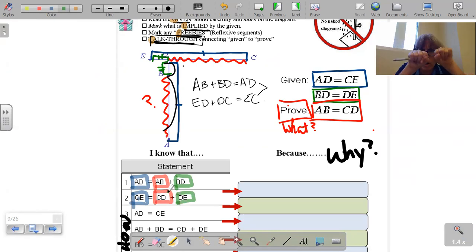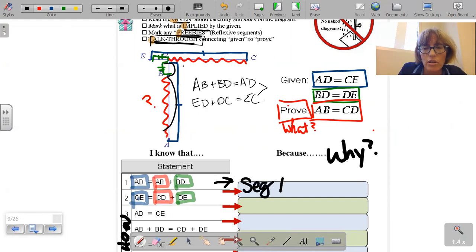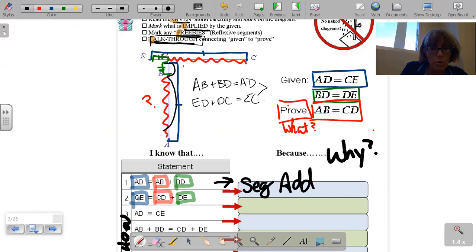So somehow we're trying to connect the two reds. That's where we're going. So we ask ourselves, why is number one true? What's the property involved? The property is simply segment addition. Little segments add up to big segments. So is number 2. Little segments add up to big segments.